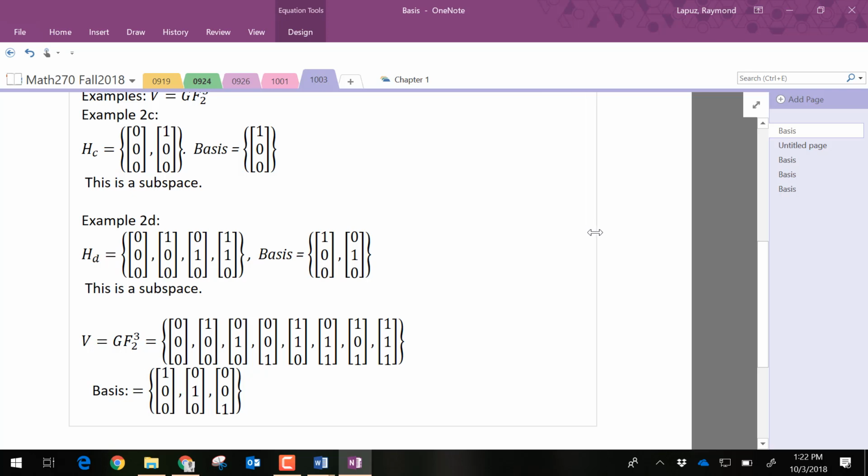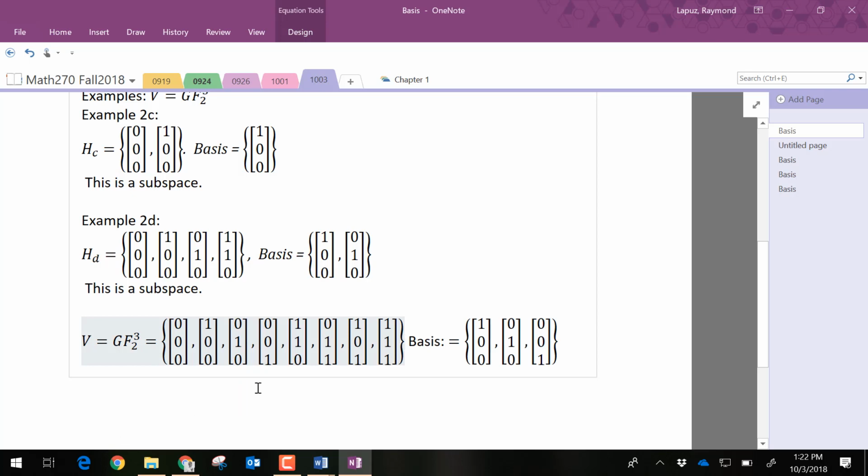That means that to be able to get any of these vectors in GF2 3, all I need is these 3 vectors from the basis and any linear combination of them. So I can either multiply them by 0 or 1 and then add these things. Like to be able to get this vector in my GF2 3 vector space, I would need to add the first vector in the basis and the last vector in the basis, and then I have that.